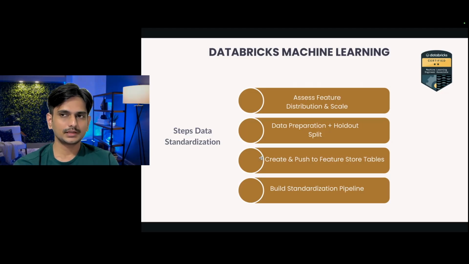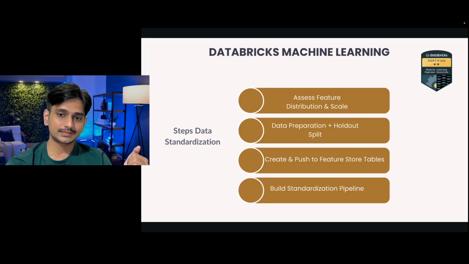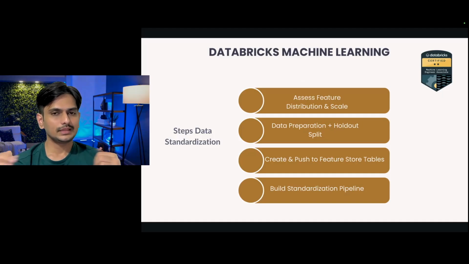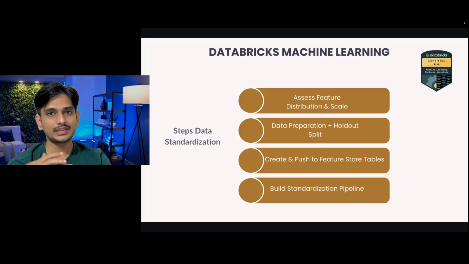What are the steps that you need to follow so that you can have the standardization implemented in your project? So the first thing is definitely you need to assess the feature distribution and scale. What you're doing here is looking at each feature's range, unit, and variance. For example, salary in lakhs versus age in years: these are two different features with very different scales.